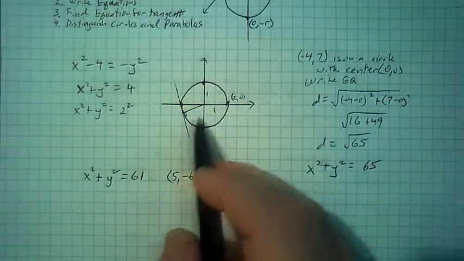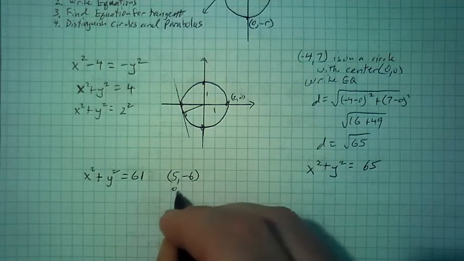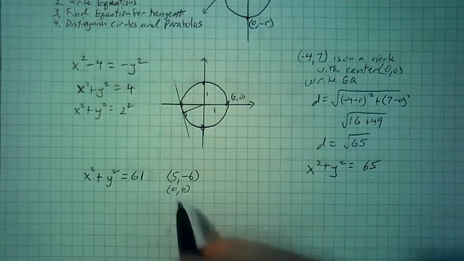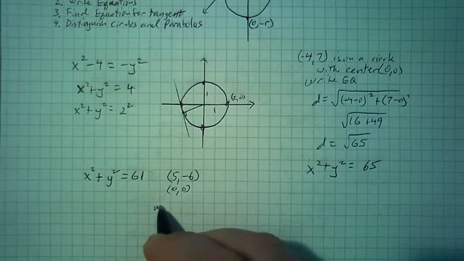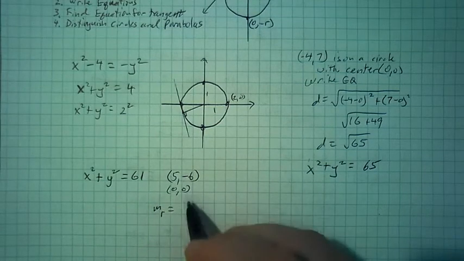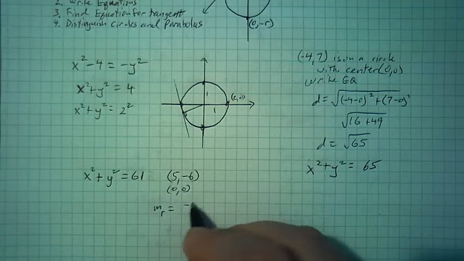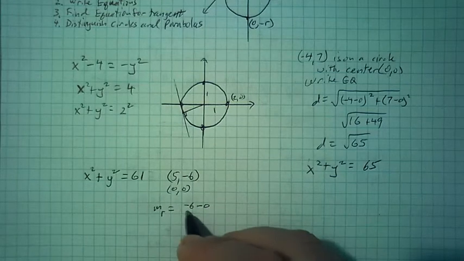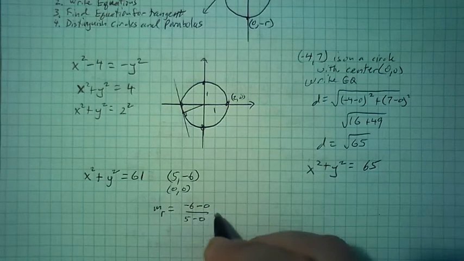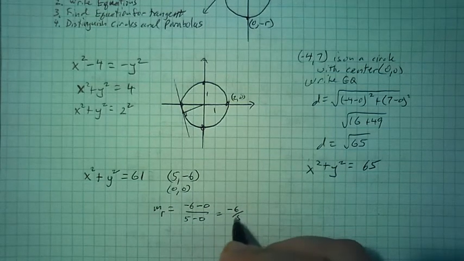And the radius goes from 0, 0 to 5, -6. So we can find the slope of the radius, that being -6 minus 0 over 5 minus 0, which is -6/5.